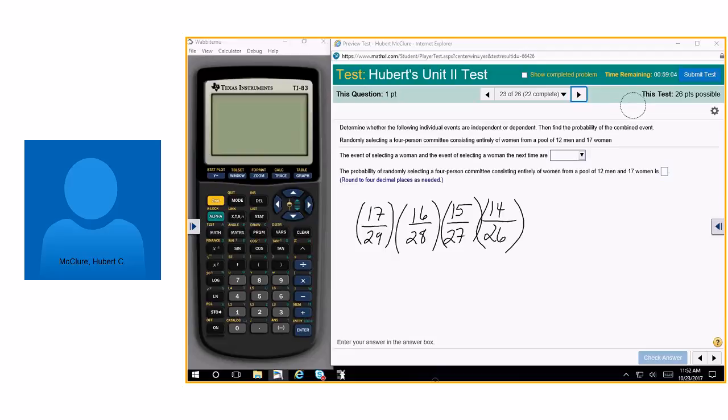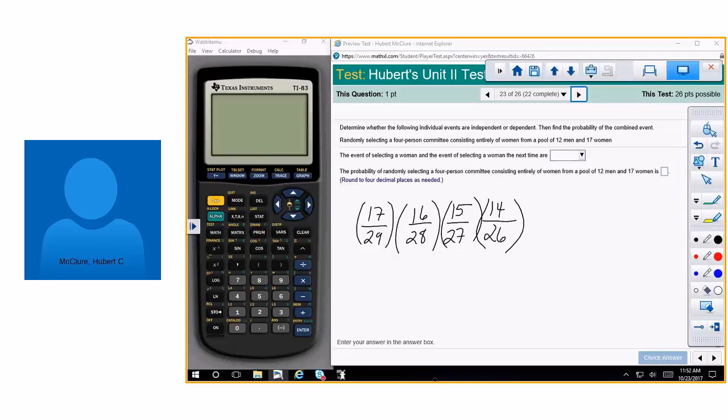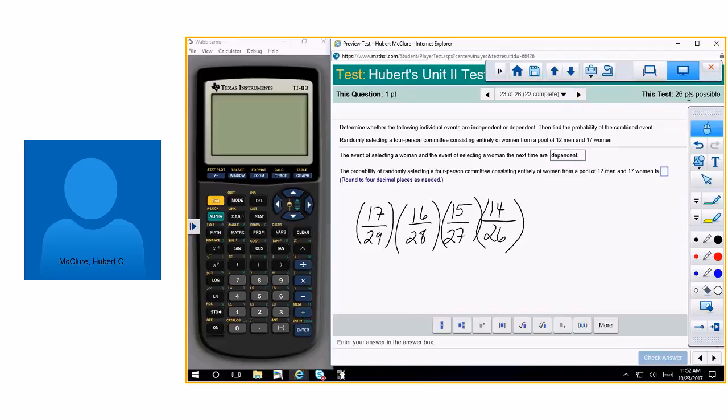It's dependent. What do you get? I got 340 over 3,000.